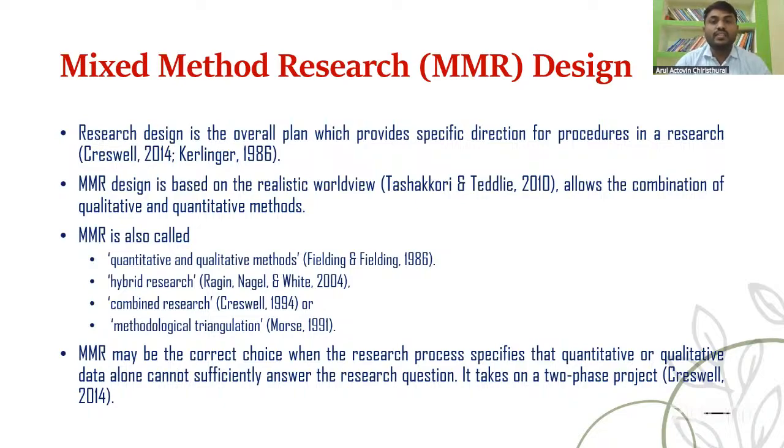At the same time, sometimes I use MMR for mixed method research. When compared with qualitative as well as quantitative, this mixed method research design is based upon realistic value.